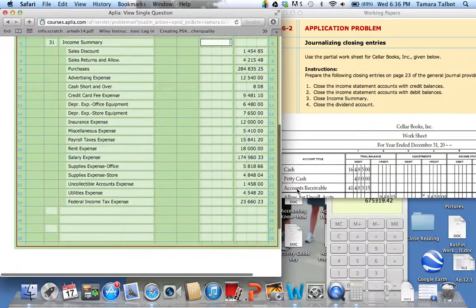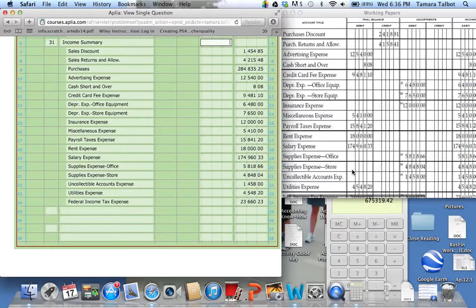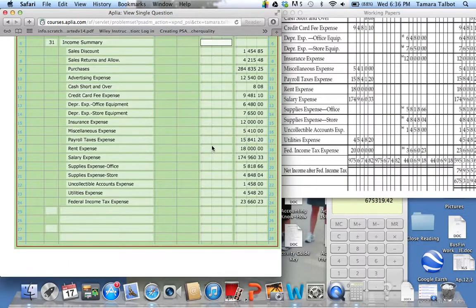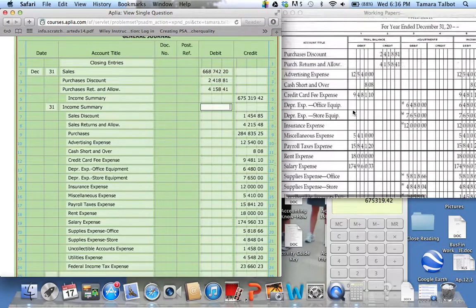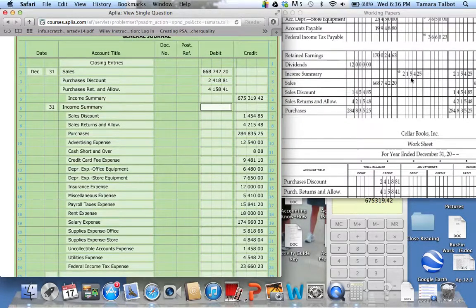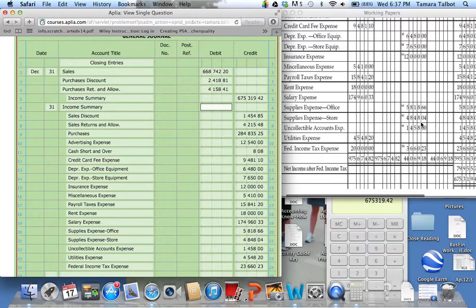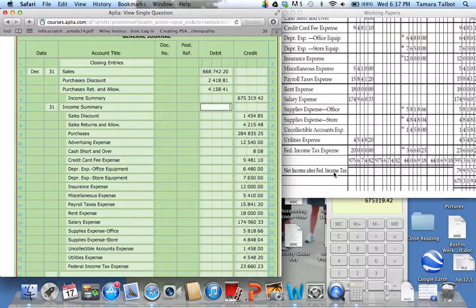So to close income summary is going to be the difference between this number, and then your amount right here for your merchandise inventory. The easiest way is, since we don't have a ledger account, is to look here. It's going to be our net income.